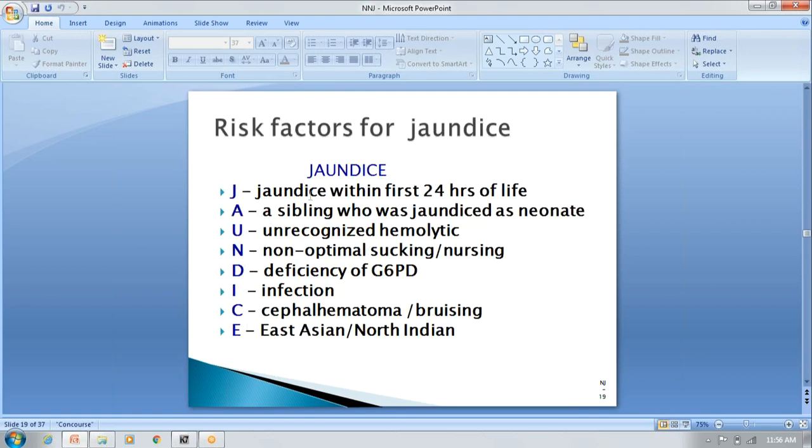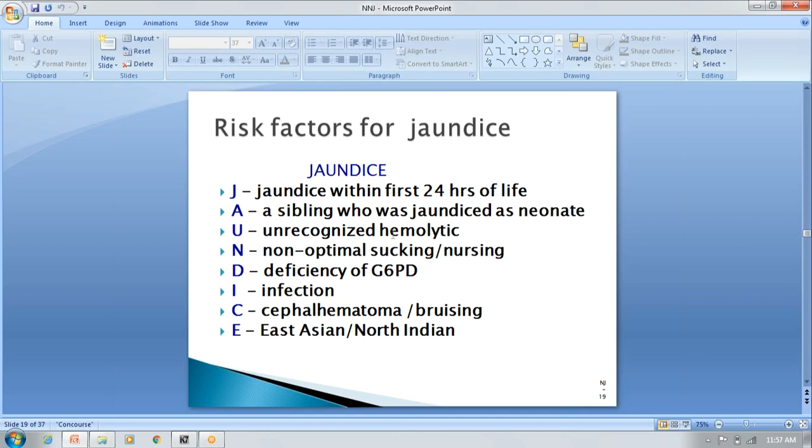Then coming to the risk factors of newborn jaundice, if you remember the mnemonic we made very simply for the students' purpose. J is jaundice within the first 24 hours. A is a sibling who had jaundice as a neonate, a previous sibling. U is unrecognized hemolytic anemia, hemolytic jaundice.